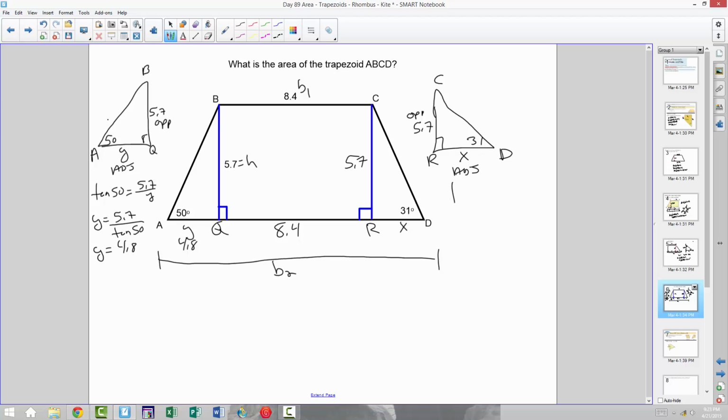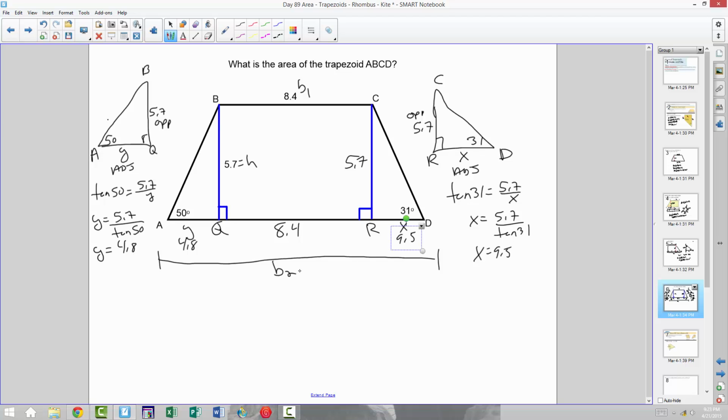Therefore, it's tangent. So I have the tan of 31 equals 5.7 over X. Cross multiply and divide. I have X equals 5.7 over tan 31. So 5.7 divided by the tan of 31 gives me 9.5. So X is about 9.5.